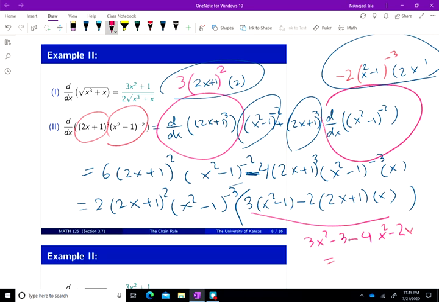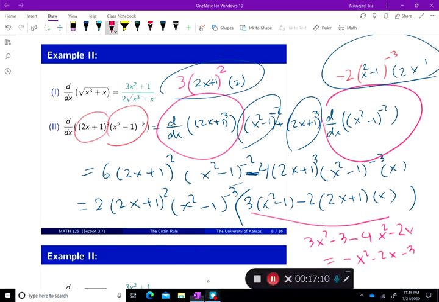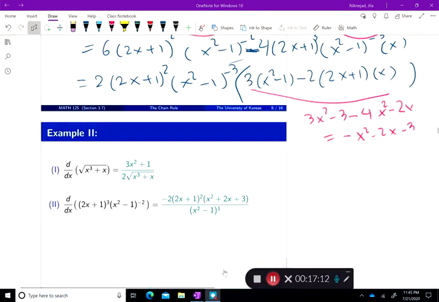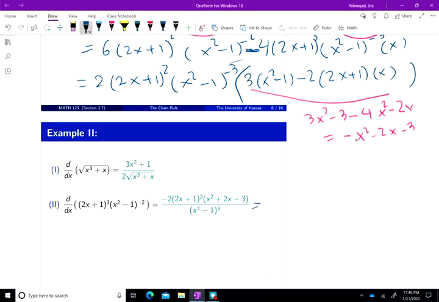So that is minus x squared minus 2x minus 3. And rewriting that, you see that this becomes 2 times. Here, let's write the entire thing down now.